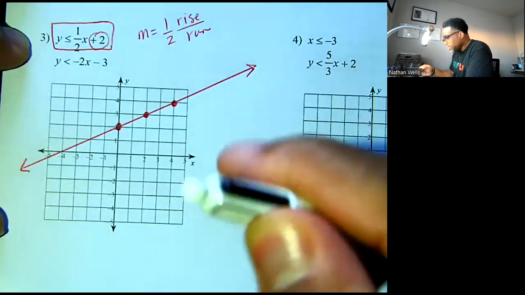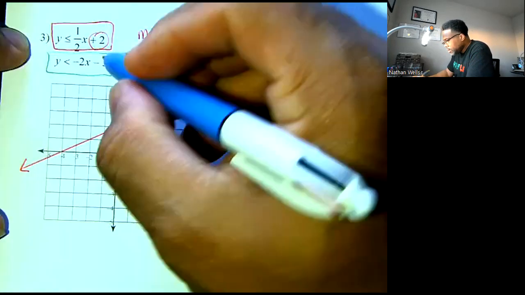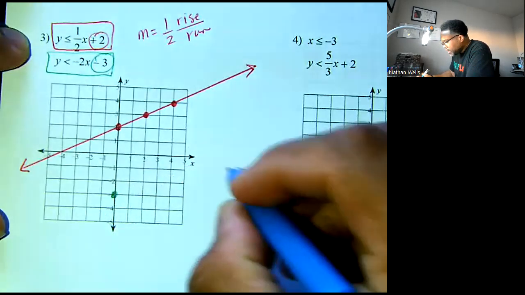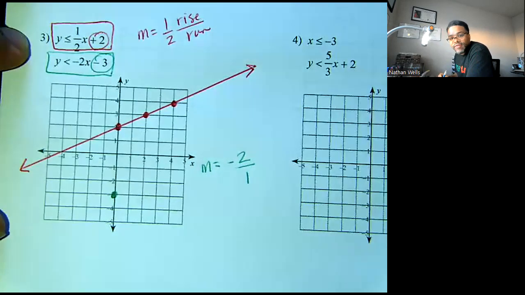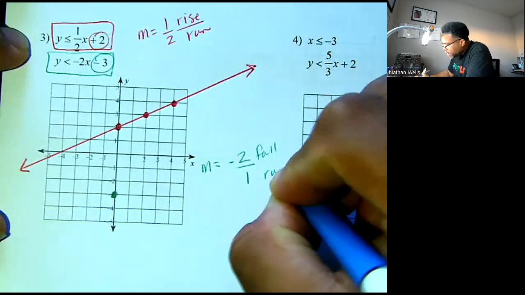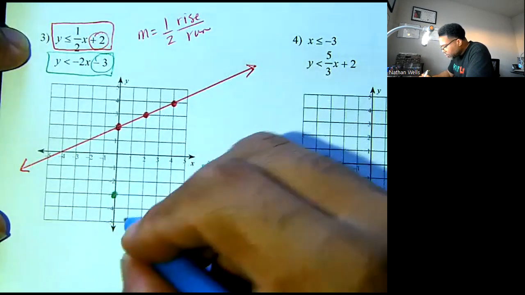And then for this one, I'm going to do it in green. Y-intercept is -3. Put a point there. My slope is -2, but write it as a fraction. So I'm going to fall 2 and run 1. Fall 2, run 1.